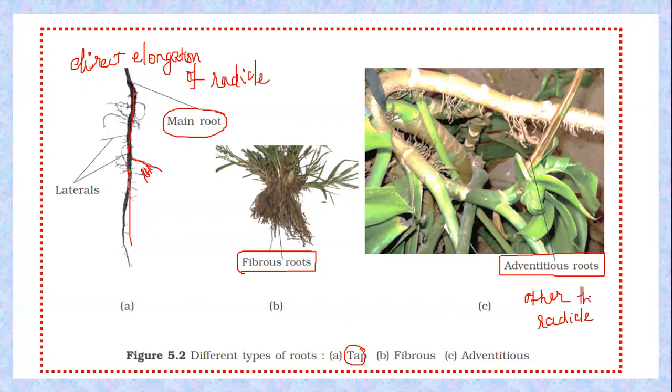Generally, all the roots originate from the radicle. The structure that originates from the radicle, you will call the root. So there are certain types of root which originate from parts other than radicle. Such kinds of root, you will call the adventitious root.